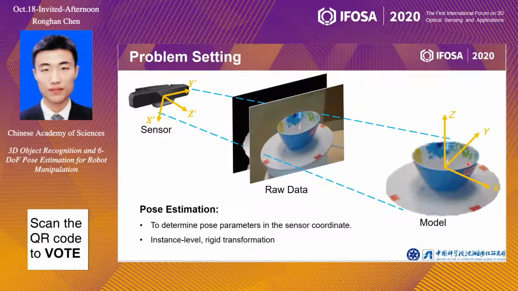And eigenvectors are assigned to be the x and y axes based on the magnitudes of the eigenvalues, and the z axis is their cross product.